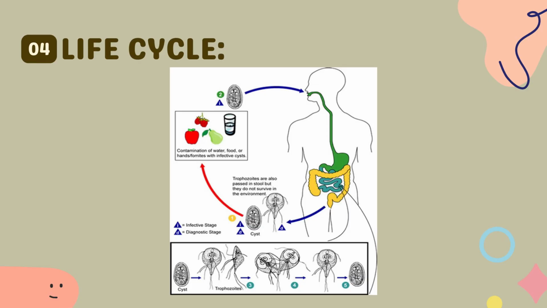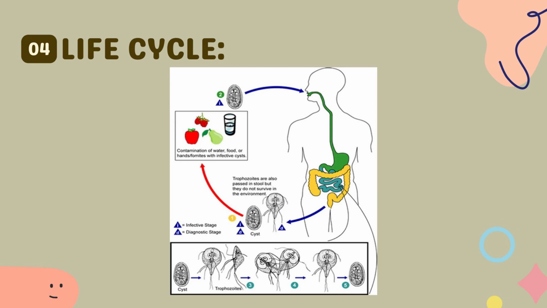And now let's talk about the life cycle of Giardia lamblia. It is typically transmitted through contaminated water or food, or via the fecal-oral route. In the small intestine, cysts release trophozoites, which multiply and can be free or attached to the intestinal lining. As they move toward the colon, they encyst.